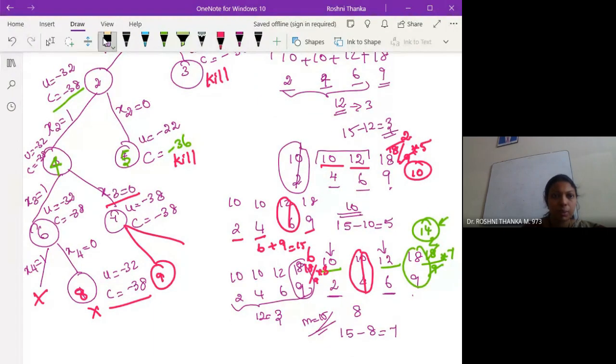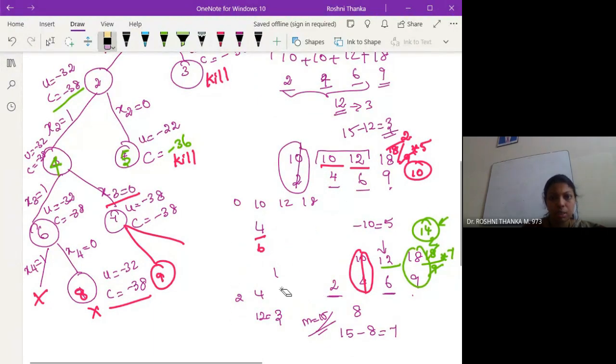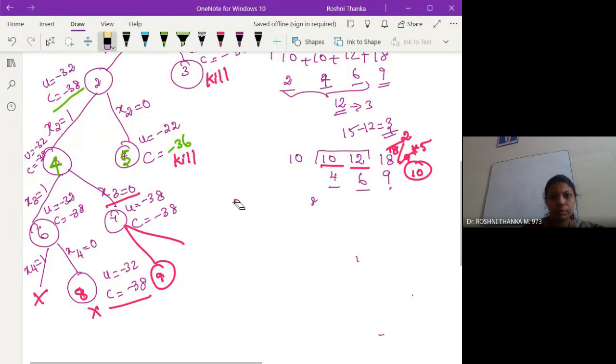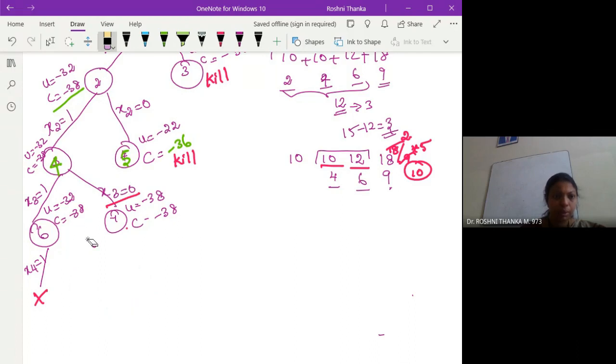I'll be erasing all this unnecessary stuff. Okay, so in this case we cannot proceed, so I'll be deleting this as well because we don't have any other item to proceed there.